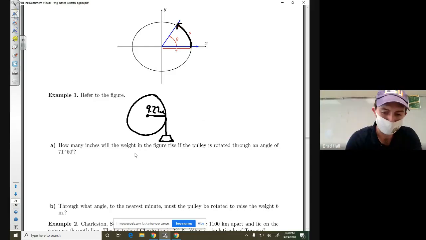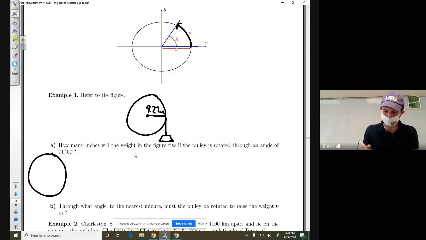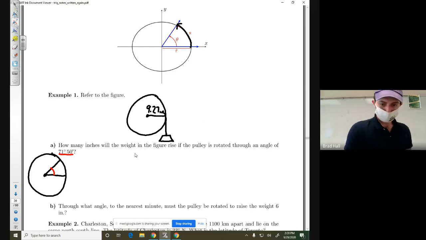So they're telling us the rotation is 71 degrees and 50 minutes.